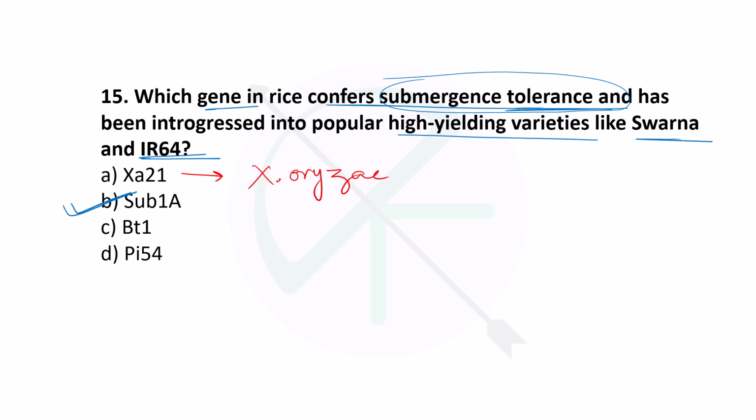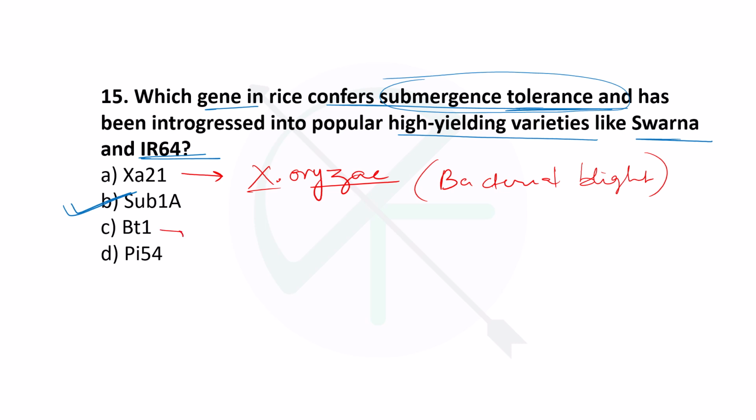If we incorporate this gene, the rice variety will be resistant to Xanthomonas oryzae, the bacterium that causes bacterial blight.